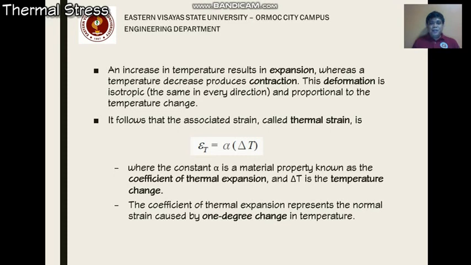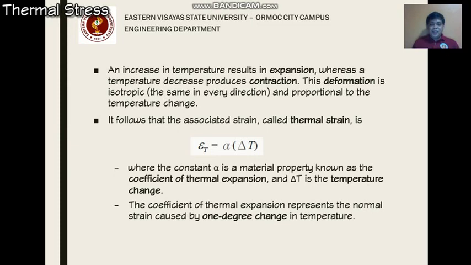If you can recall your knowledge in chemistry, if there is an increase in temperature, the molecules in the body tend to move further away from each other. And during a drop in temperature, molecules will move closer to one another, therefore producing a contraction to the overall body.